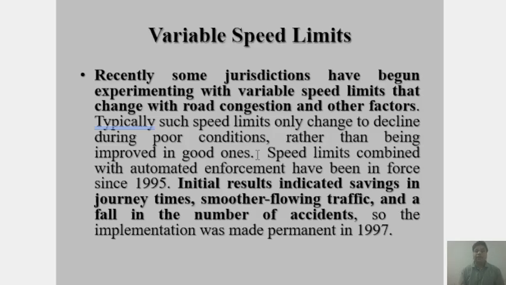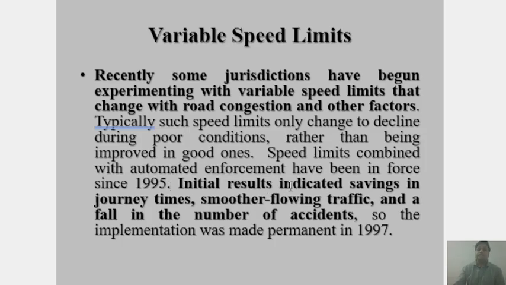A particular road has a particular speed limit. We cannot maintain a high speed in rural or urban areas where a huge amount of traffic is there, and we cannot slow our vehicles on expressways. So a speed limit is there for different types of roads, and it came into enforcement in 1995.